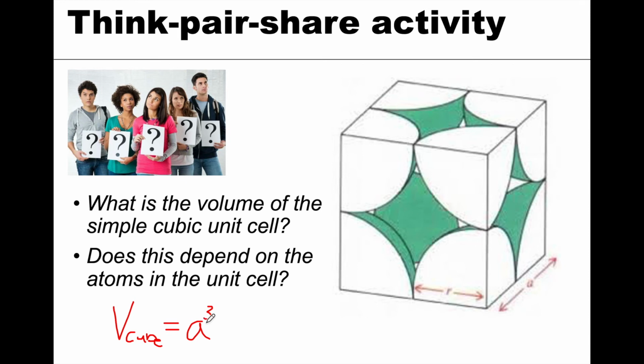That's the volume that we have here. You'll notice that it's just the edge length. We aren't accounting for the spheres, or the atoms themselves, so it actually doesn't depend on the atoms. For a cube, it's always going to be a cubed.